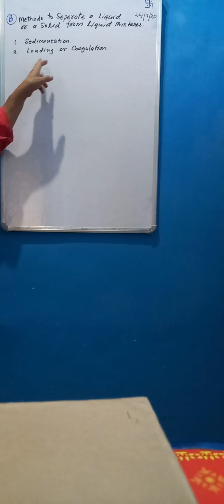Loading or coagulation is a method or a process in which an external agent like alum is added to bring about the process of sedimentation. So impurities were removed by adding alum in it, and we got the clear water.